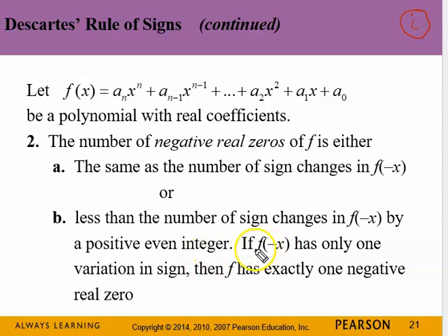Now, if the function, when we change it to its negative value, has only one variation in sign, then it has exactly one negative real zero. But if it has none, then it has 0. All right, now let's take a look at what the professor has about this. Okay, here we go.